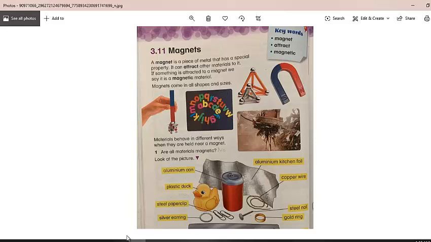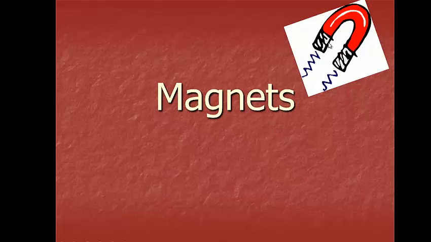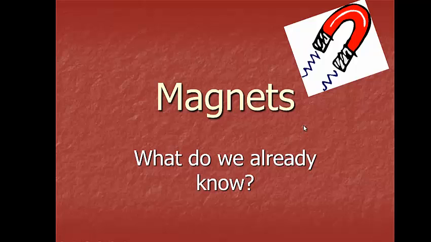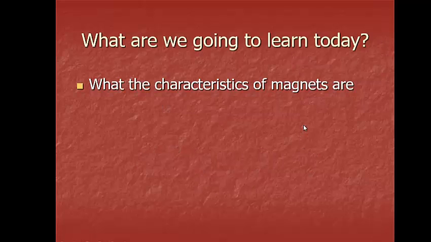Let's see here this slideshow I did for you. This is about magnets. Here is a picture of a magnet. So magnets, what do we already know? In these two lessons, we will learn about the characteristics of magnets.